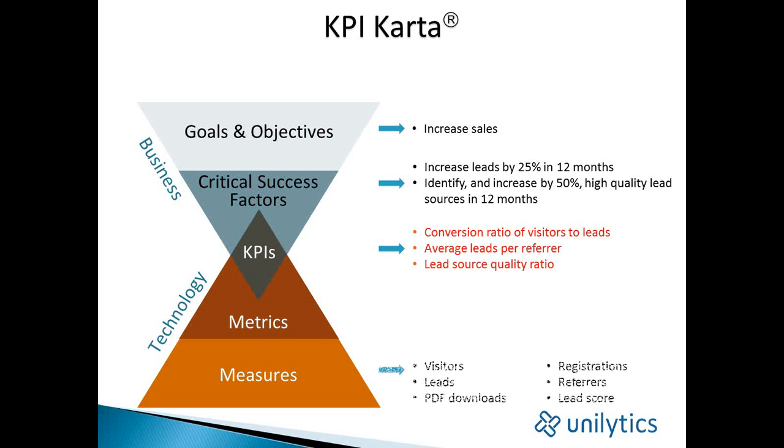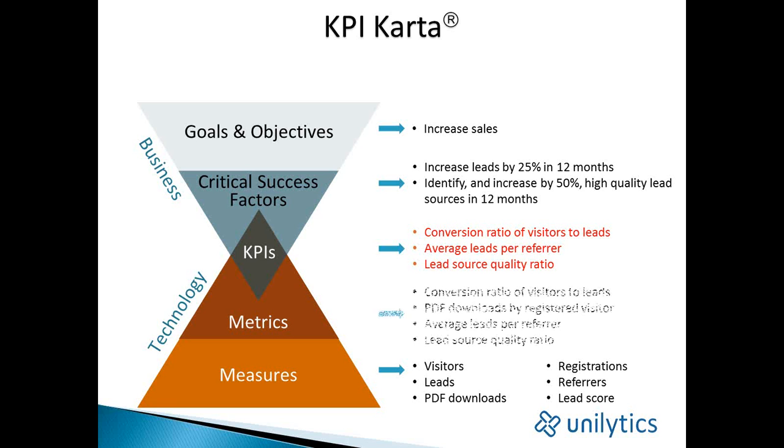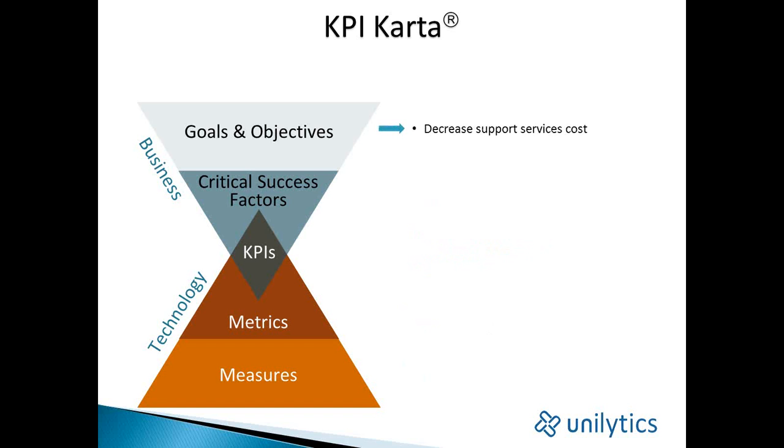And the numbers we have to work with are all the various measures you find in your verbose reports. Number of visitors, refers, lead score, etc. As we slice and dice them, we get various metrics. Some of them, like the PDF downloads by registered visitor, is not important enough to be a KPI, but it is a metric nonetheless.